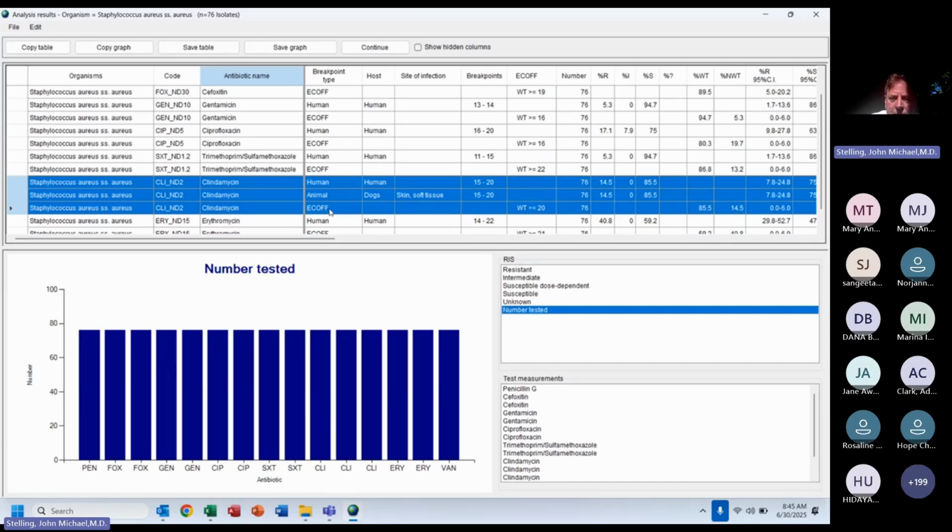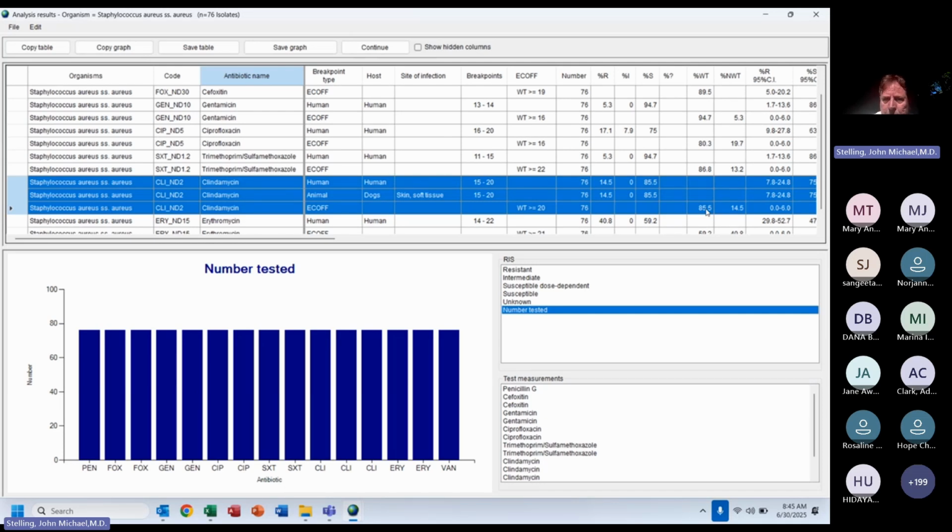And we have the ECOFs. So because I'm using the new tables, I can see it's 14% resistant, 14% resistant, 85%, well, actually a better comparison, it's 85.5% susceptible. By the clinical breakpoints, it's 85.5% susceptible or wild type by the ECOFs.